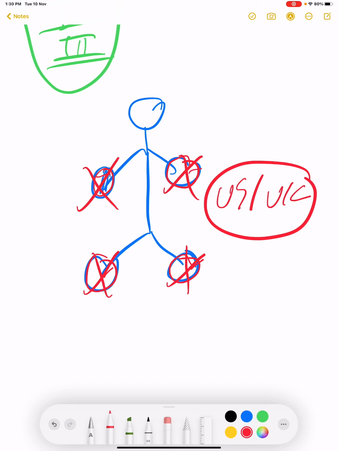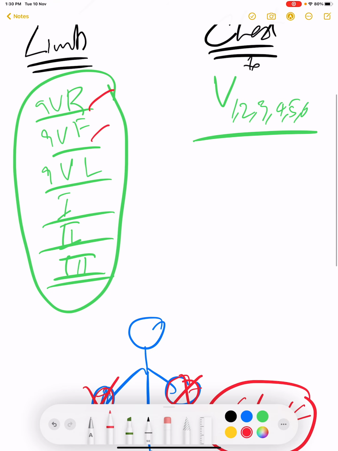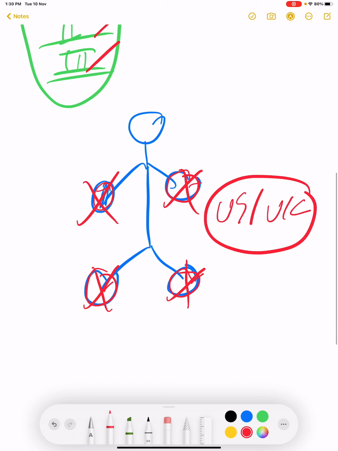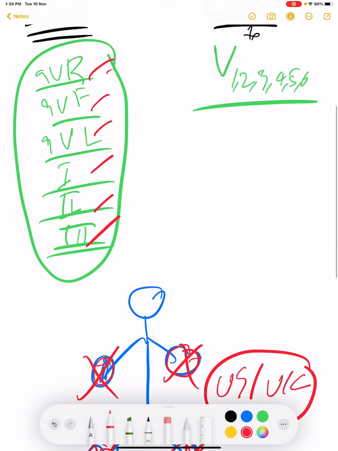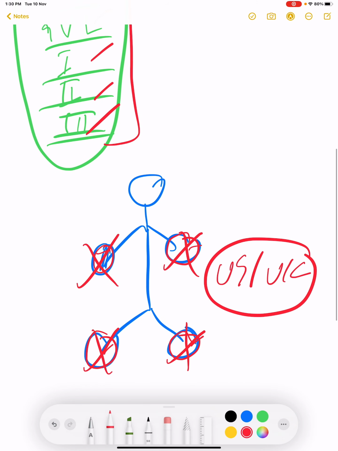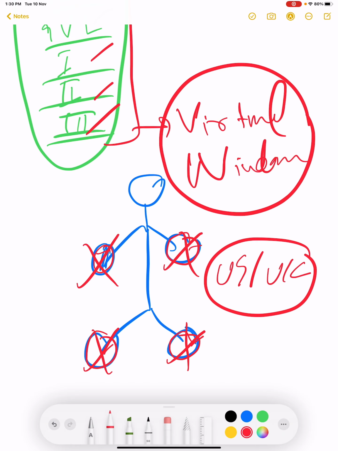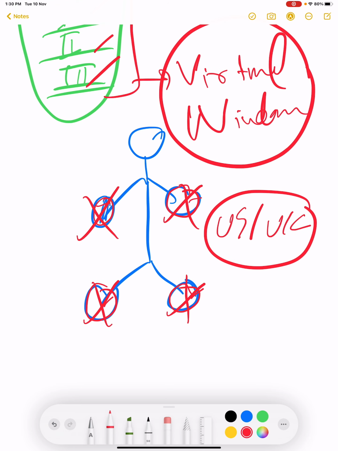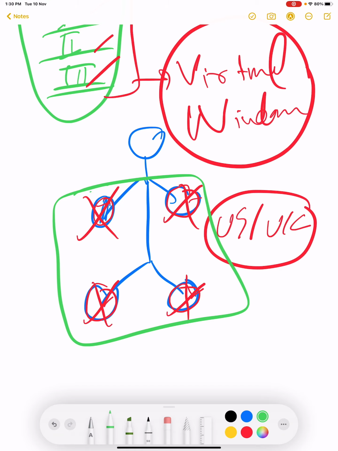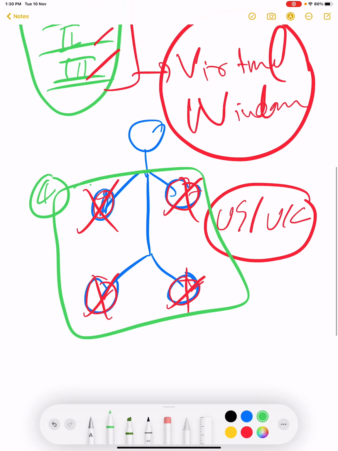The leads which are represented in the ECG, these 6 leads, are not these 4 leads, but are actually virtual windows. These are virtual leads created as a result of the cumulative effect of these 4 physical leads which are present on the limbs.